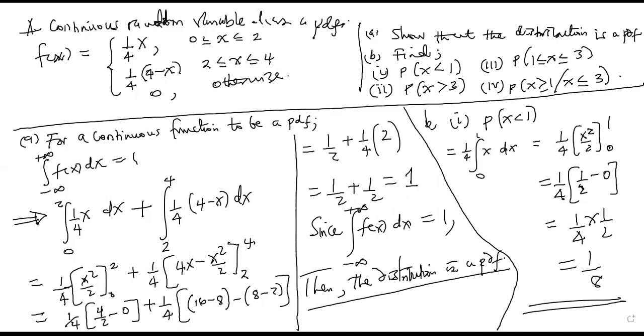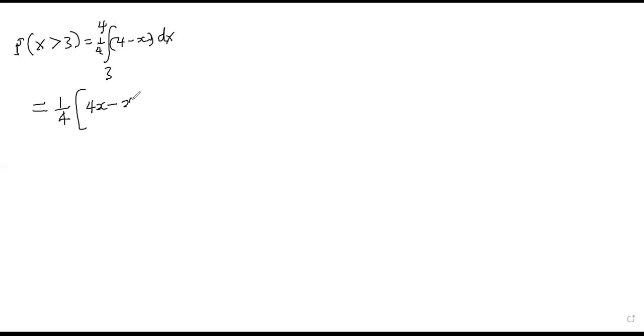So we shall say that the probability of x greater than 3 will equal the integral from 3 to 4. Now you take the range where these values are. So it will be a quarter being a constant out, then 4 minus x dx. Integrate 4, you get 4x minus x squared over 2 from 3 to 4.